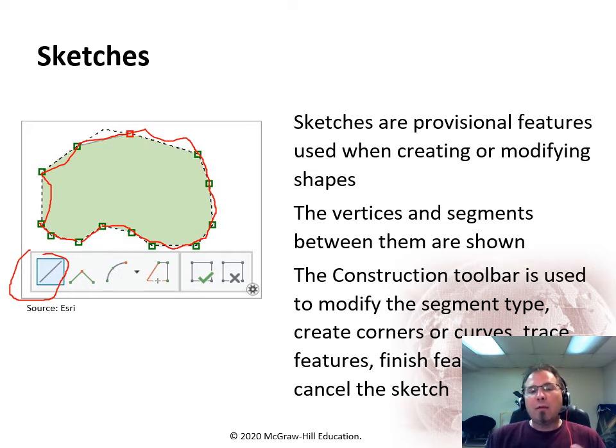Let's say you finish it and then you realize, man, I just want to start over. You could cancel the sketch, which would just wipe out what you did, or you can finish it and then modify what you did by deleting some vertices or moving things around. So you have complete control over your workflow, which is really nice. That's how you learn how to do this. It's trial and error. It just takes practice, like anything else, but editing especially takes practice.